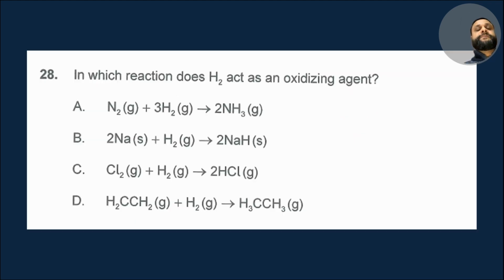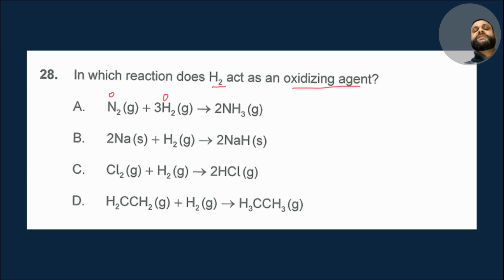Question 28. In which reaction does hydrogen act as an oxidizing agent? An oxidizing agent is a species that gains electrons, that accepts electrons, so it itself is reduced and oxidizes other species. So let's look at option A. In option A, nitrogen is 0, hydrogen is 0.